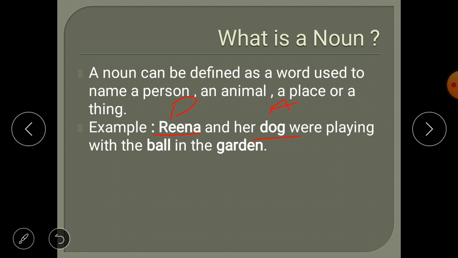So, this is also a noun. When we say ball, this is the name of a thing, and thing is also a noun. And when we say garden, garden is the name of a place. So, a noun can be defined as a word used to name a person, an animal, a place, or a thing.